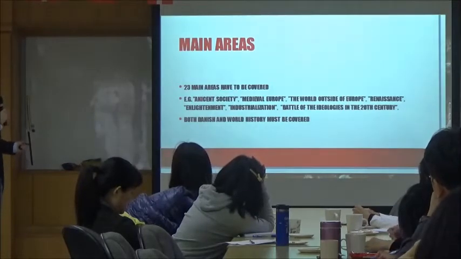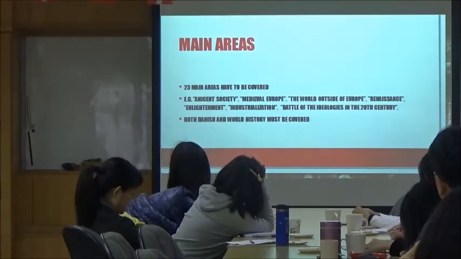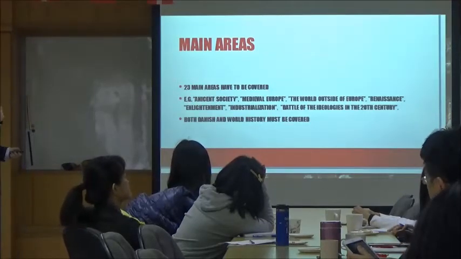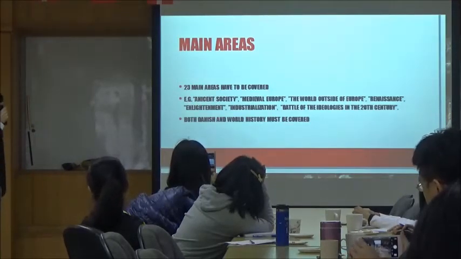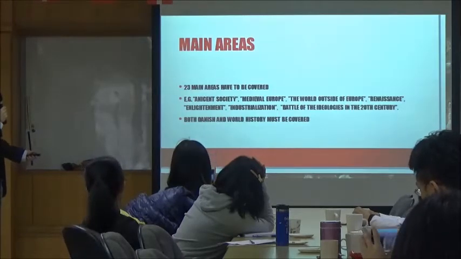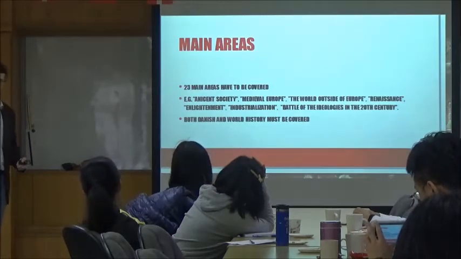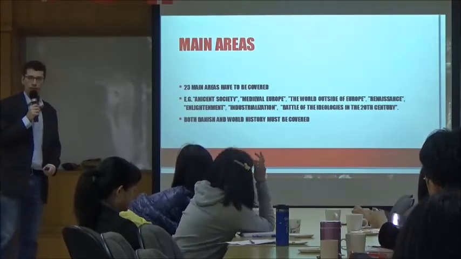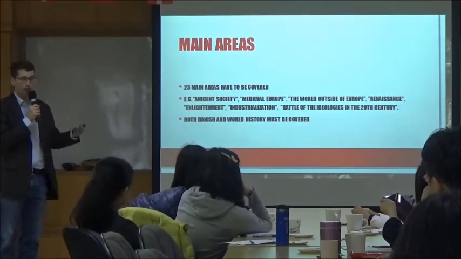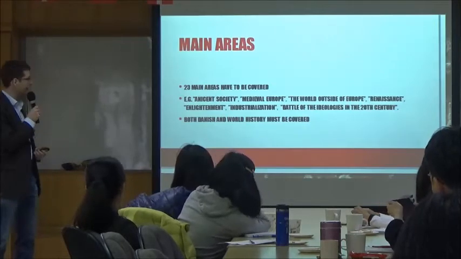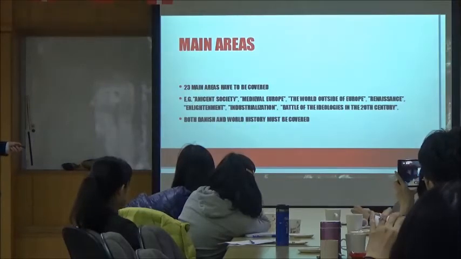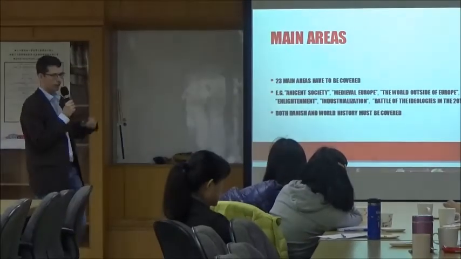We have 23 main areas that we need to cover over the 3 years. And I have listed some of them here: ancient society, medieval Europe, the world outside Europe. We actually have to make a course focusing on Asian history or South American or African history. Renaissance, Enlightenment, industrialization, and the battle of ideologies in the 20th century.